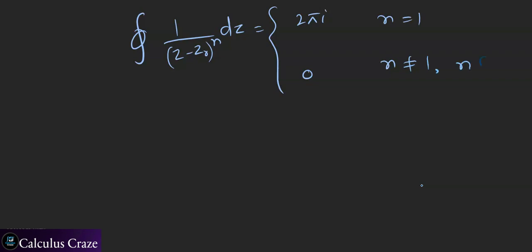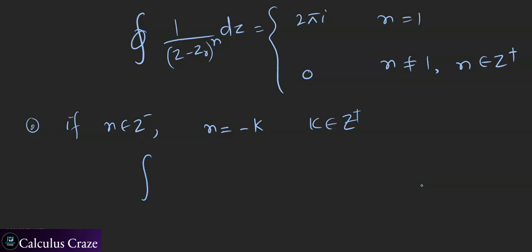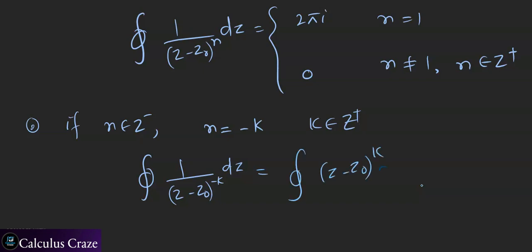Of course n is from positive integers, but what if n is a negative integer? If n is from negative integers, that means n is equal to some minus k, where k is a positive integer, right? In that case I can write this integral of 1 over (z minus z naught) to the power minus k dz, which is equal to the integral of (z minus z naught) to the power k dz.